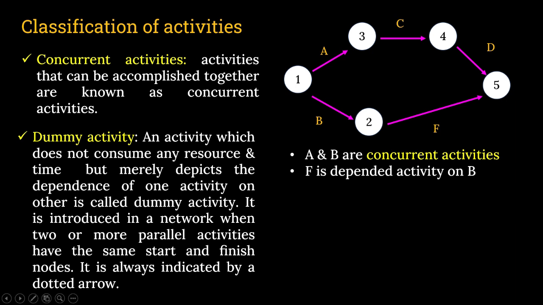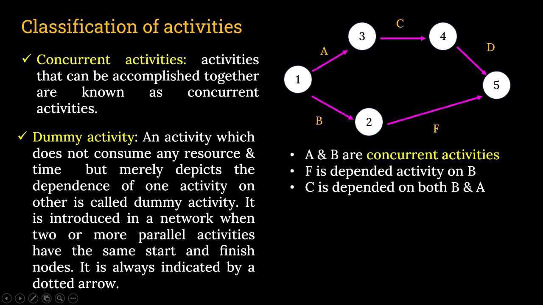If A is the dependent activity of B, that we can see from the network. And then C is dependent on both B and A. C is starting dependent on both B and A.